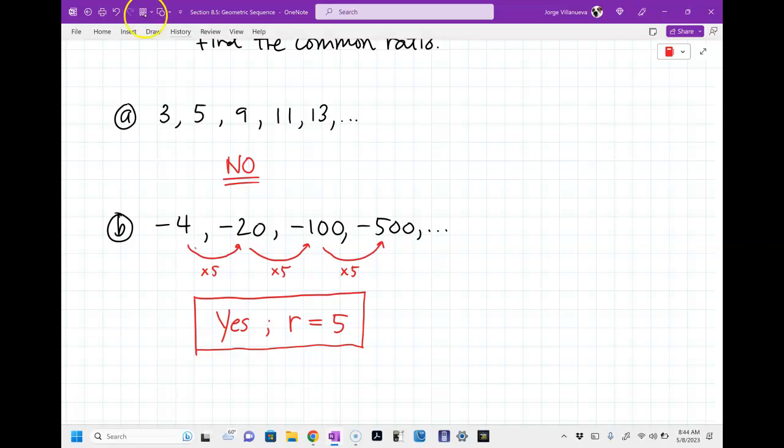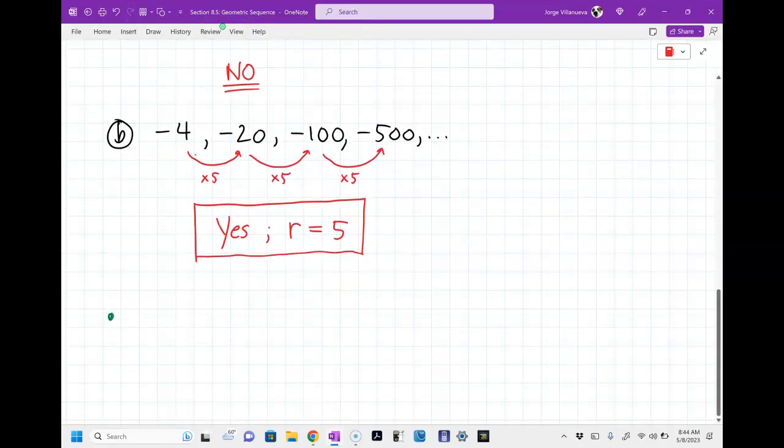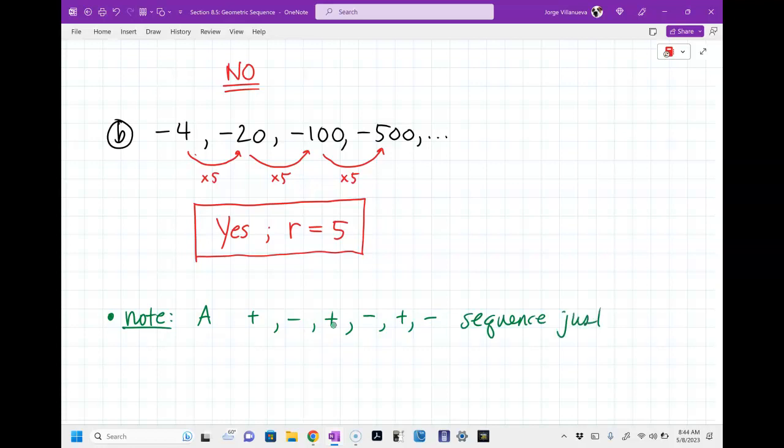Okay, so I'm going to put a little note there for you guys. So just a quick note. A plus, minus, plus, minus, plus, minus sequence just means that R could be negative.